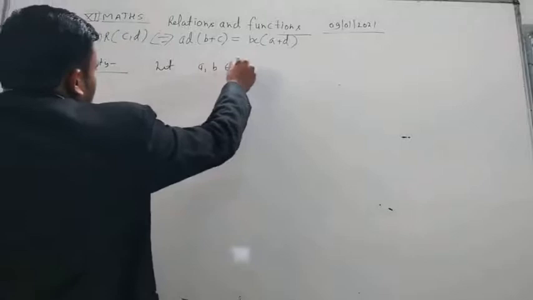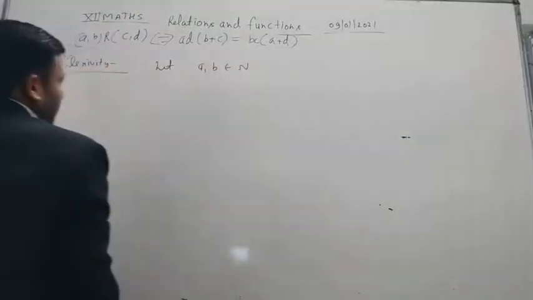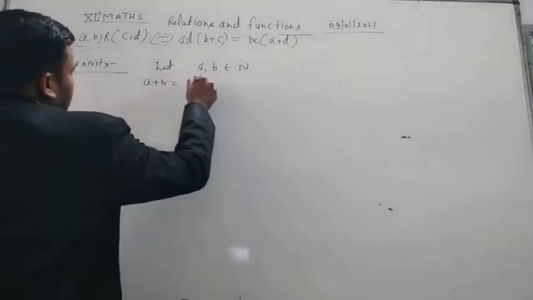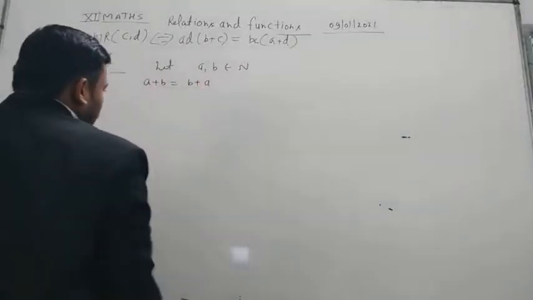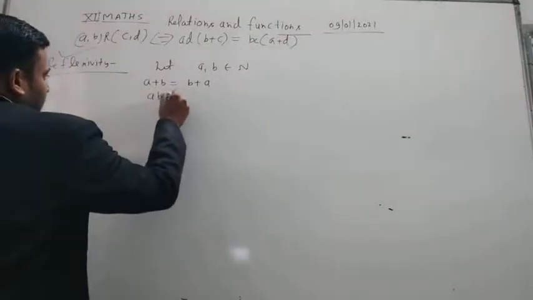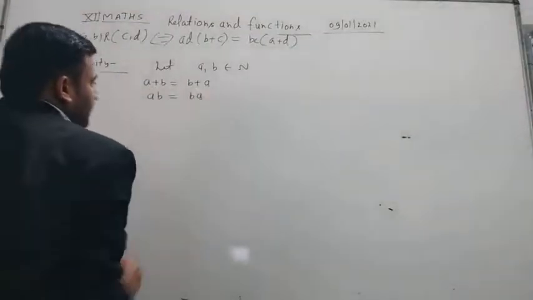So we let A, B belong to N. We can say that A + B is equal to B + A for natural numbers, and AB is equal to BA.